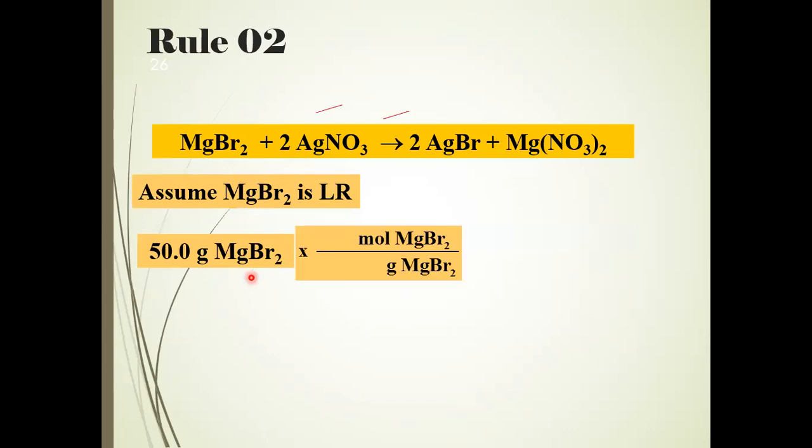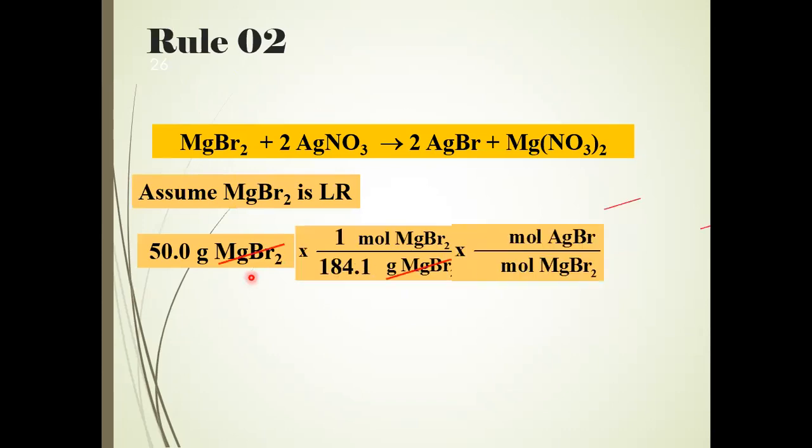Assume first that magnesium bromide is the limiting reactant. We know that 50 gram of magnesium bromide is given in our question statement, and that 1 mole of any substance has a mass equal to its molecular weight. So 184.1 is the molecular weight of magnesium bromide, and 1 mole of magnesium bromide, as per the balanced chemical equation, produces 2 moles of silver bromide.